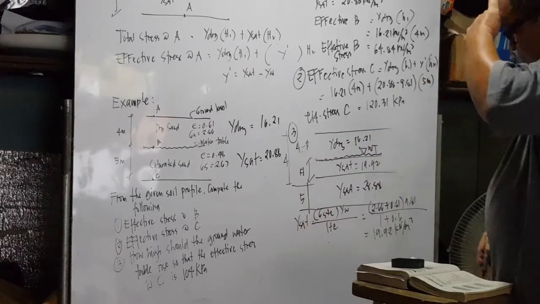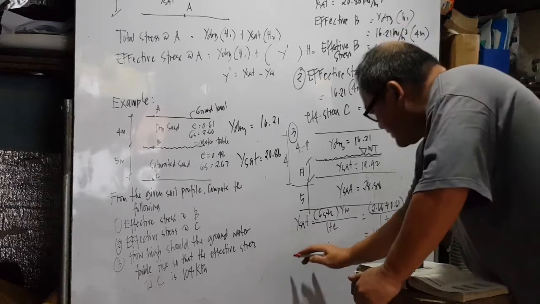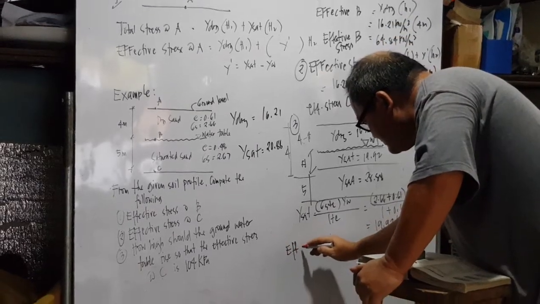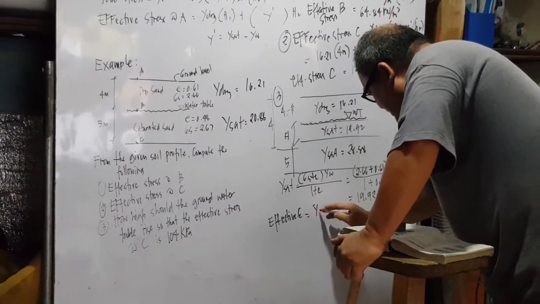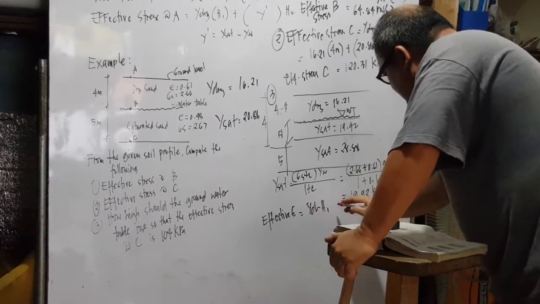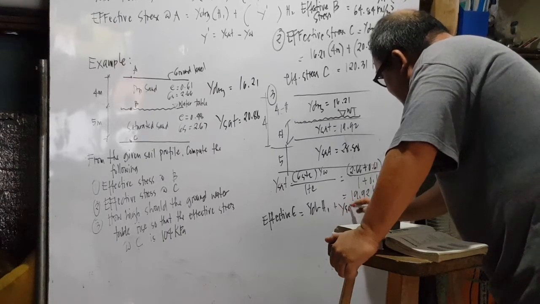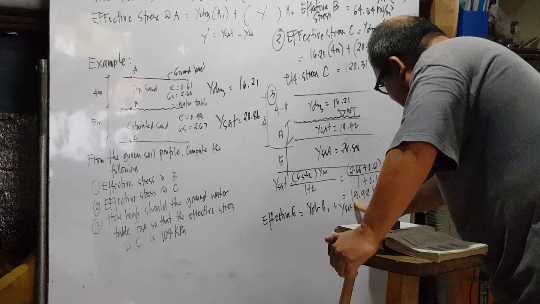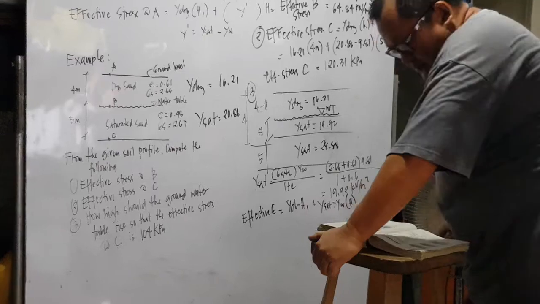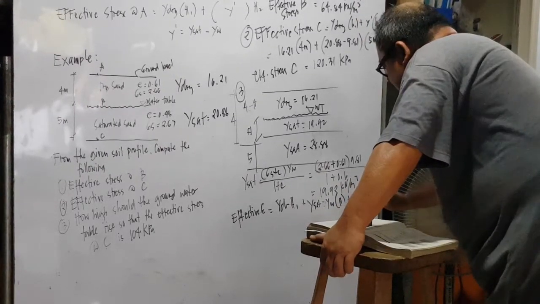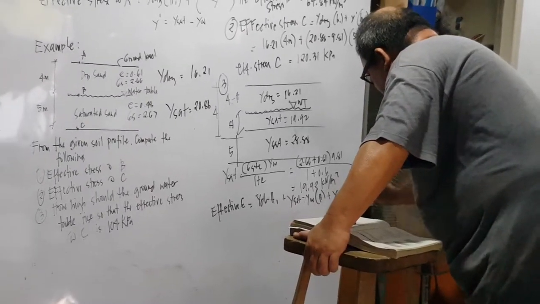So mag-solve, you have effective stress at C, which is equal to Y dry H1 plus Y sat minus YW times H, plus Y sat minus YW times H2.